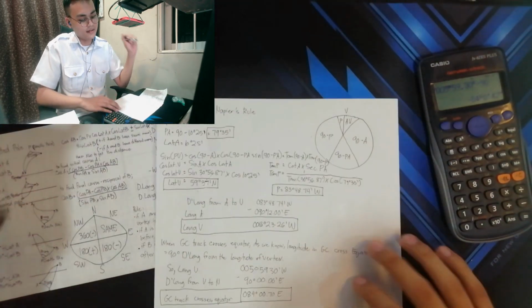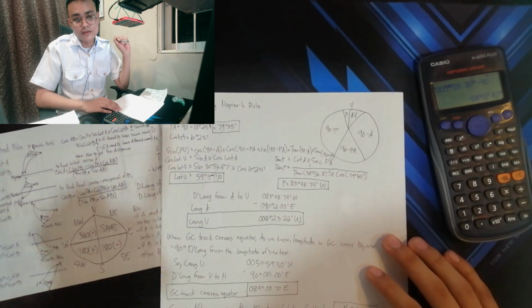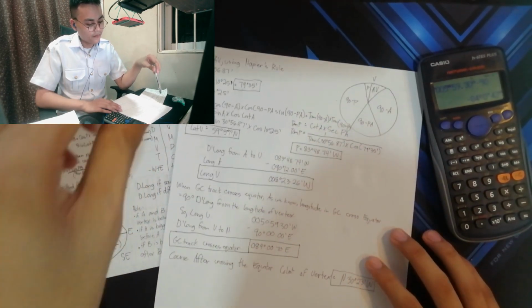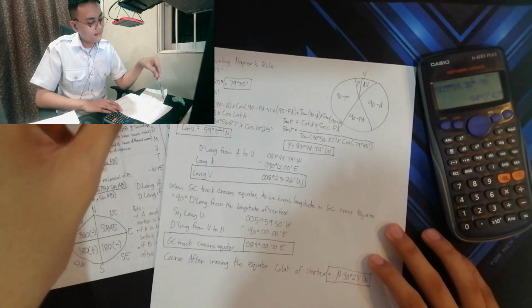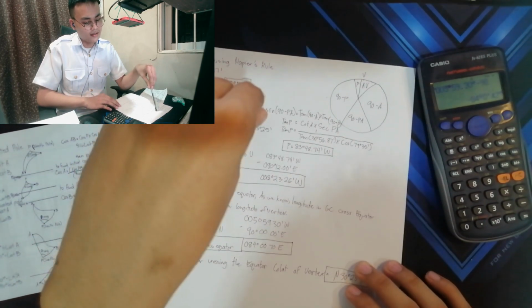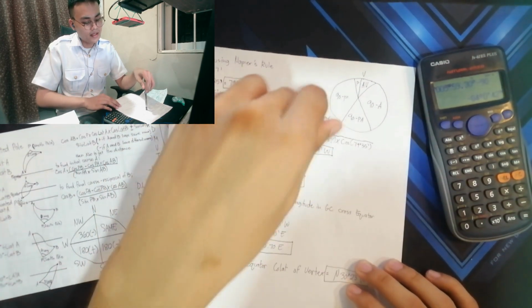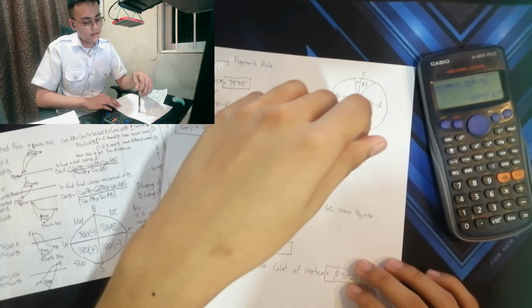And then next is finding your vertex with the use of Napier's rule. Here, the Napier circle, use of cosine law again to find your vertex, latitude of vertex, check. And then to find P, in order to get your longitude of vertex.